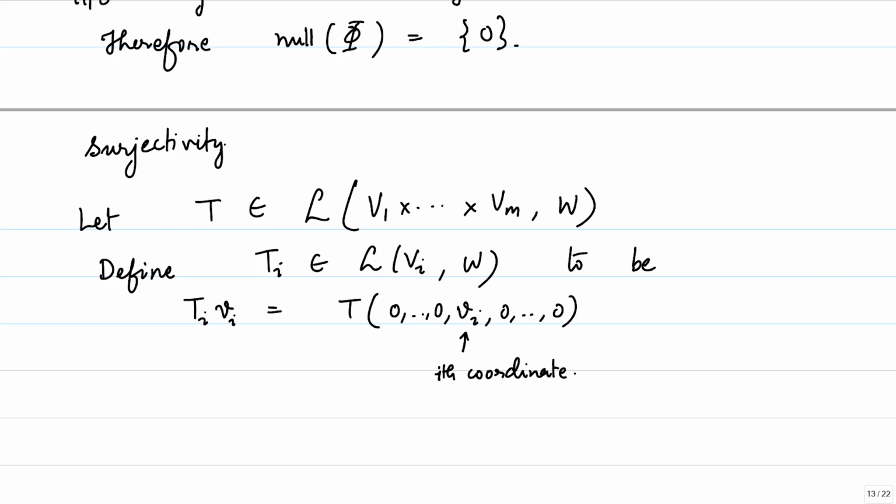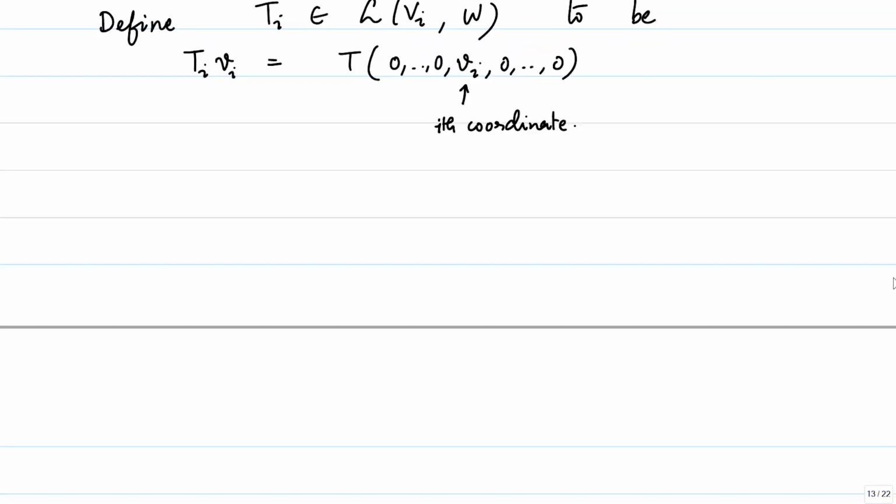You should check that this Ti is indeed a linear transformation. I'll leave it as an exercise. Check that Ti is a linear transformation.